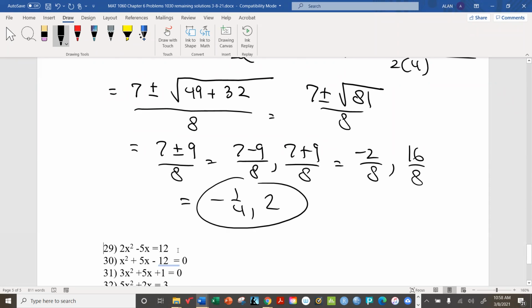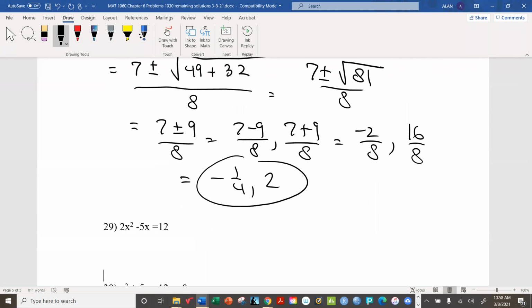Now we're going to have another one, which is not quite in the right form, which means it has to be changed. And once we've done that, we can recognize that A equals 2, B is negative 5, C is negative 12.